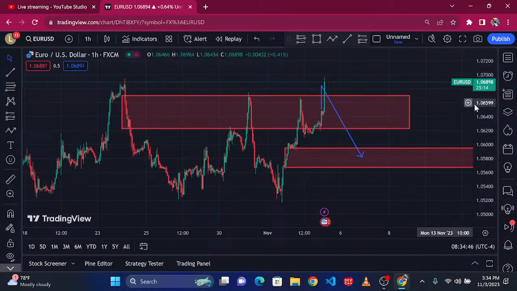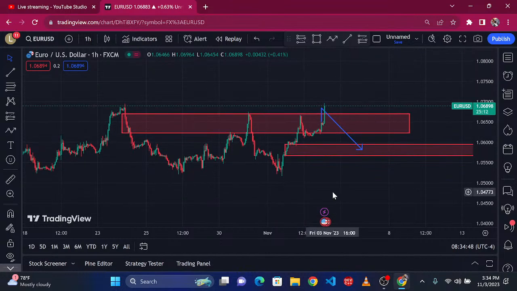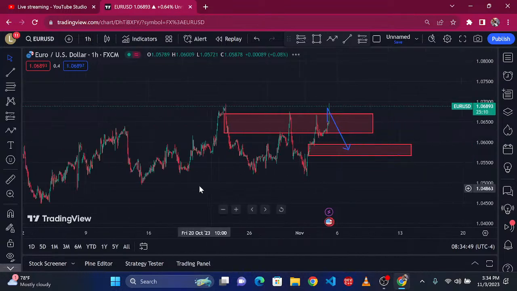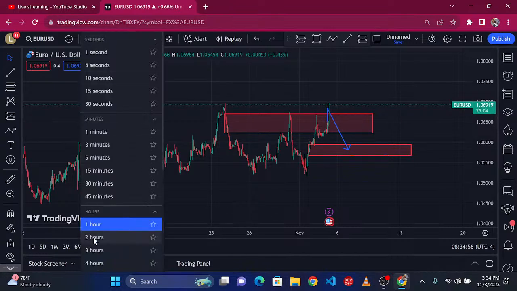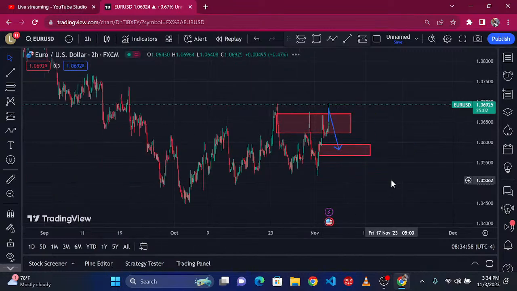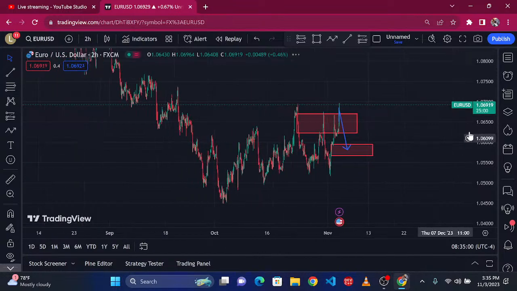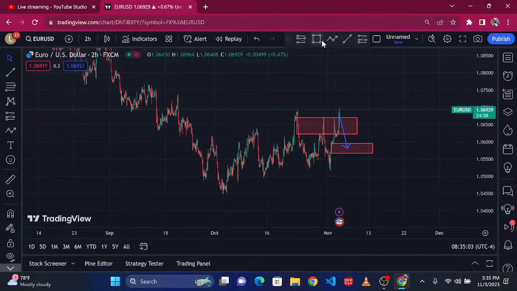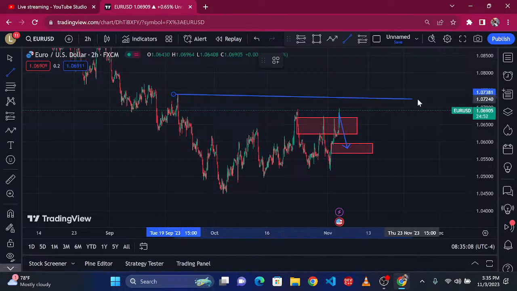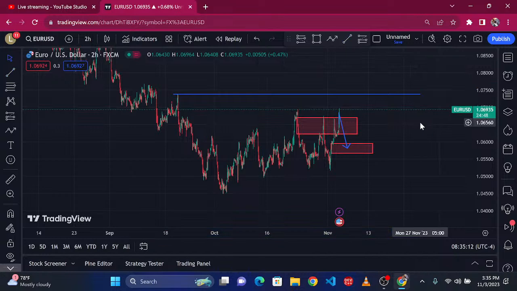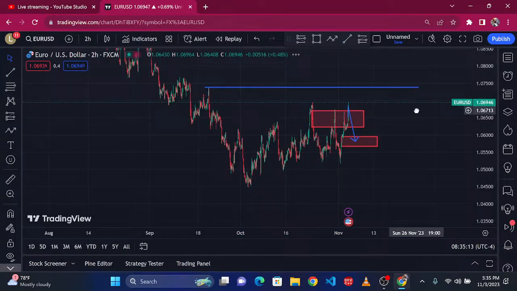I'm already selling it, and I'm probably going to hold my stop loss on this high. That high. But risk what you can lose, and I can lose up there.